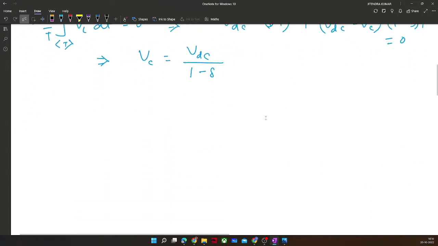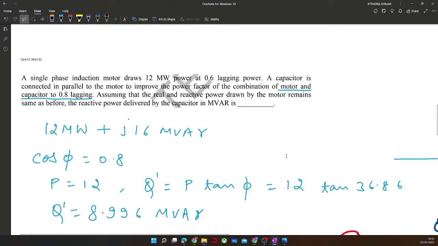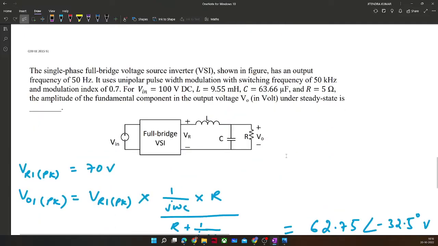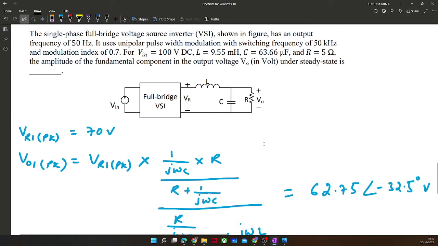So moving on to the next problem. This problem is also from power electronics, and this is a single phase full bridge inverter, VSI, given in the figure, whose output frequency of 50 hertz is given, and it is using unipolar PWM technique with switching frequency of 50 kilohertz and modulation index of 0.7.